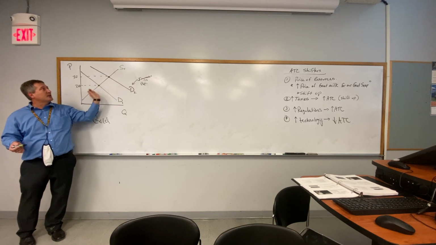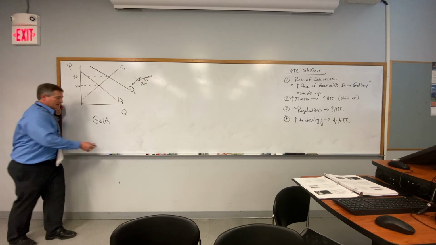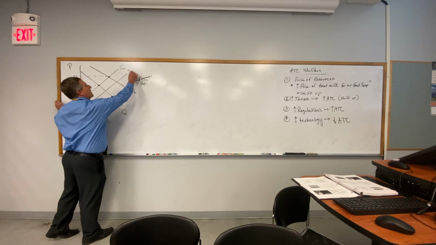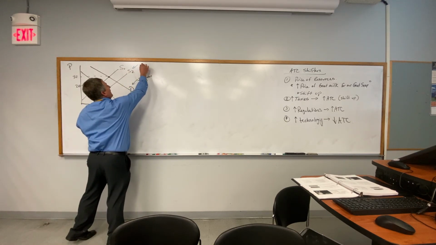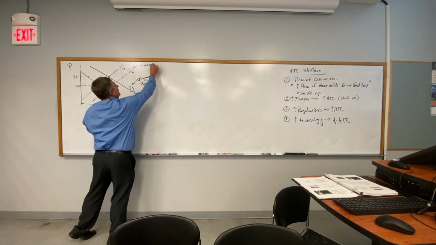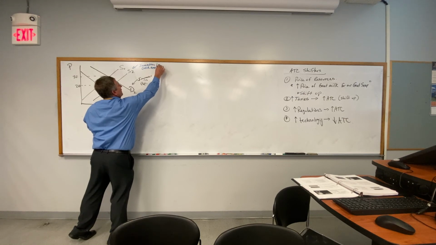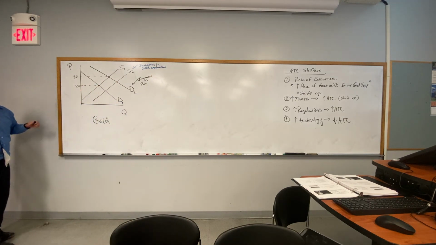So that could be an increase or decrease in supply. So as we find new substitutes, that demand curve would go down. So we have maybe some innovation, let's call it S2. So this is innovation in gold exploration. Another good one would be like fracking and other ways to get resources out of the ground.